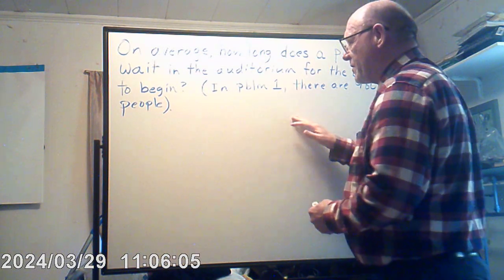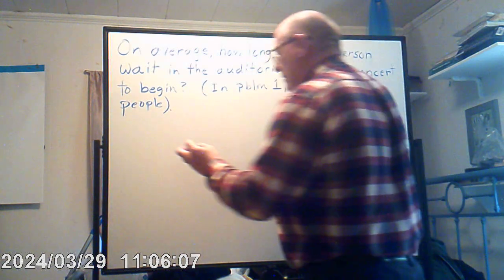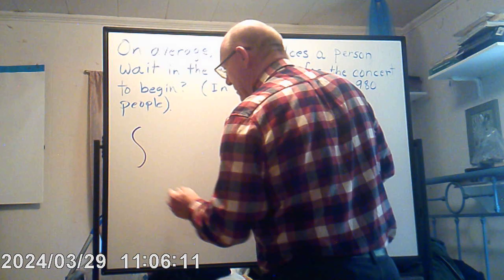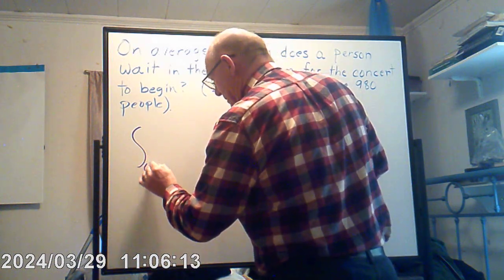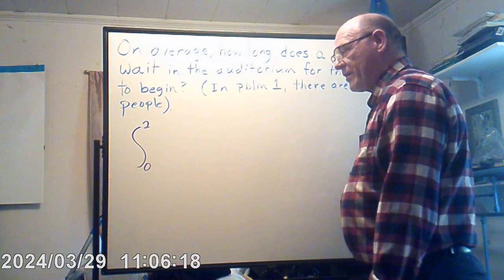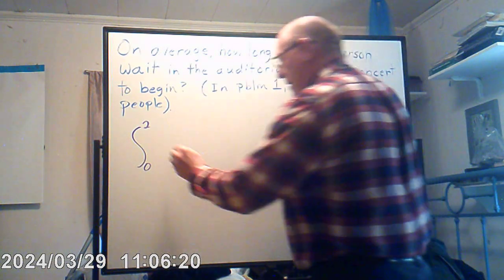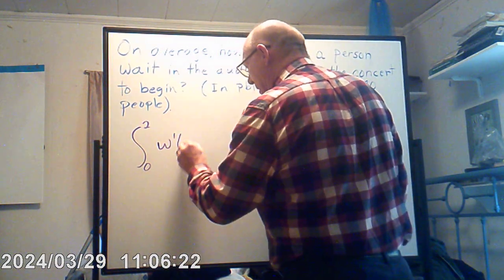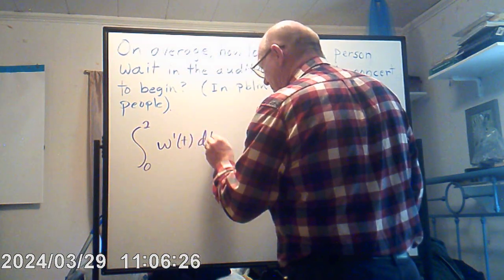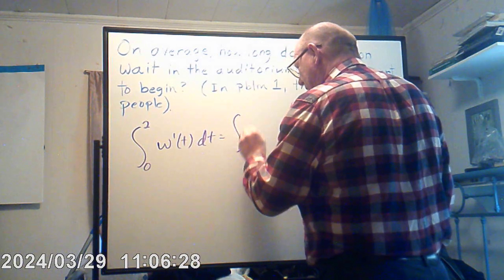We are to use that integral again, but now this time we are going from 0 to 2, not from 1 to 2 this time, and it is w prime at t dt, which by the way is from 0 to 2.